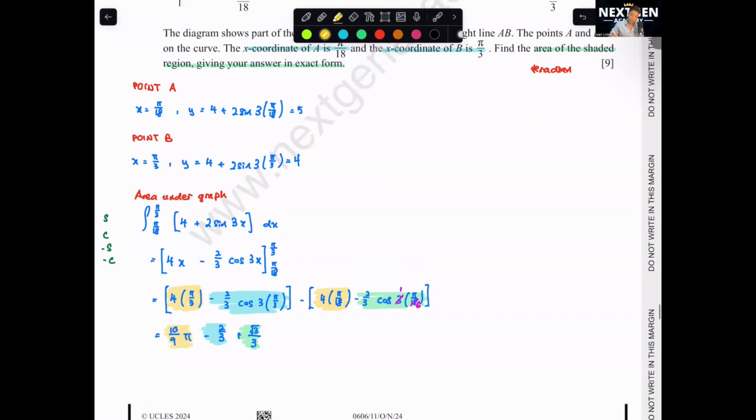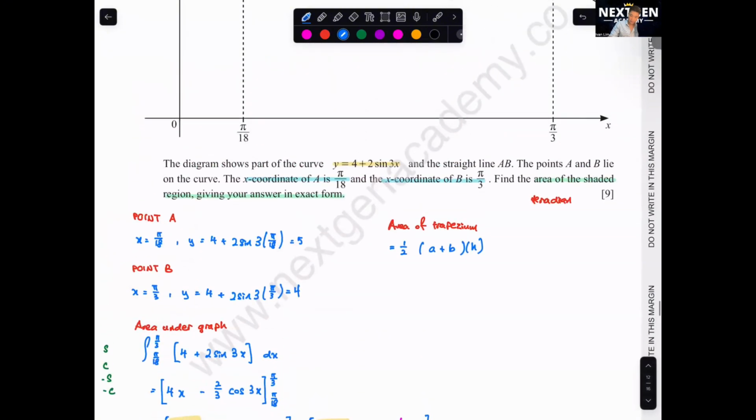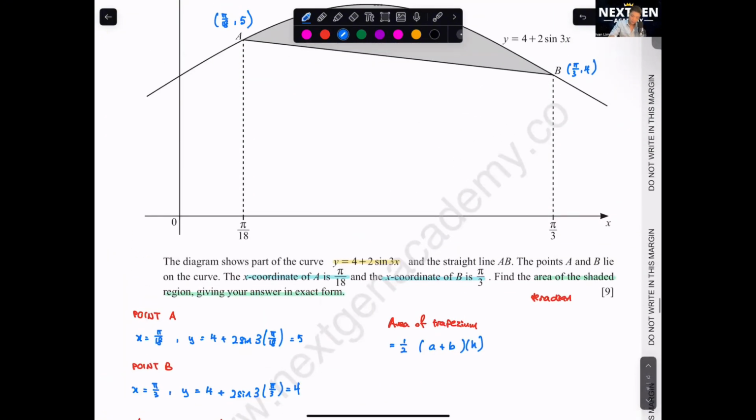Now, we need to find the area of the trapezium. Area of trapezium, we will use the formula 1 over 2, a plus b, multiplied by height. What are a and b? This is a equals 5. This is b equals 4.